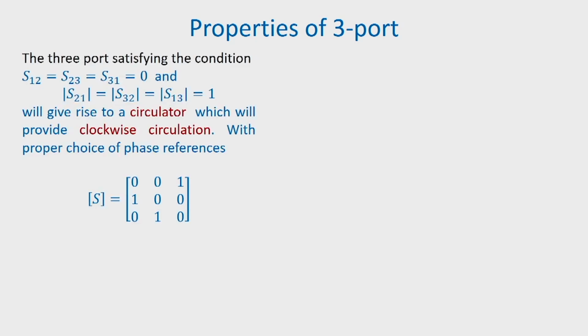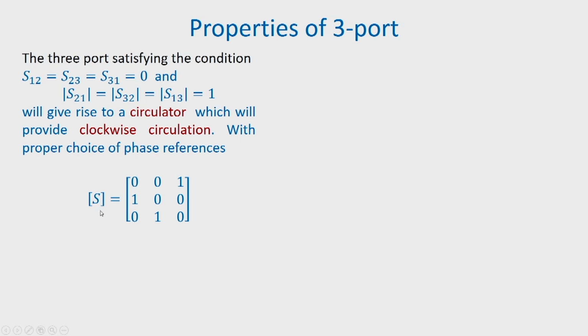These parameters have unit magnitude, and by proper choice of the reference plane their phase can be set equal to 0. So, S21, S32, S13 become equal to 1, and therefore, we get this matrix.